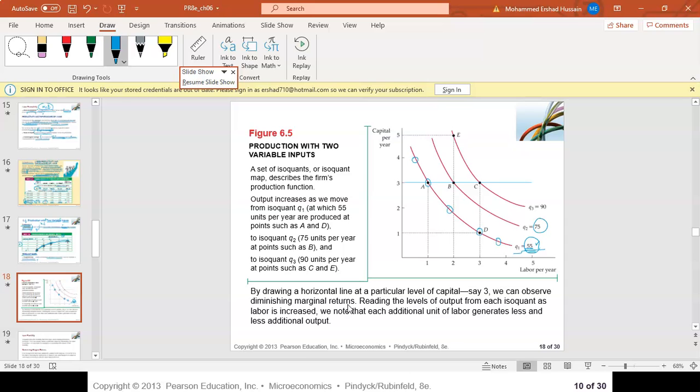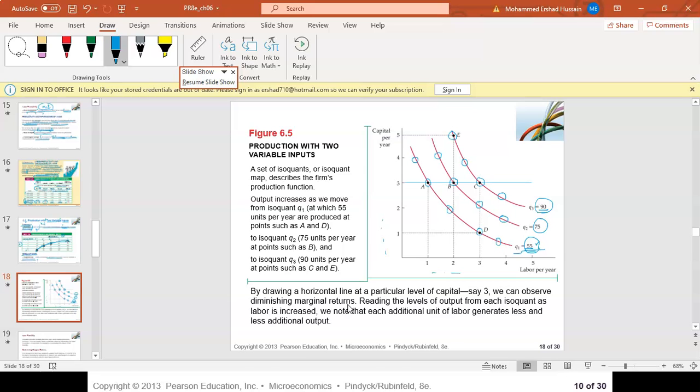What about the isoquant for 75 units of output? You can combine this B or here or here. I'm just giving you more examples. All of those different combinations of labor and capital will give you the same amount of output. On the other hand, Q3 is for 90, so E and C, and all the others that we are not mentioning, can produce 90 units of output.